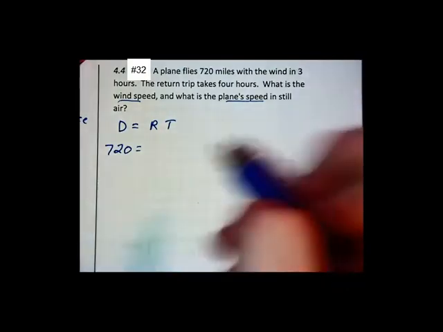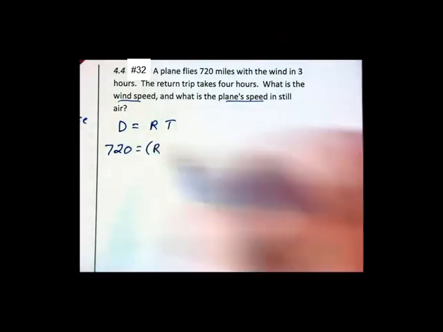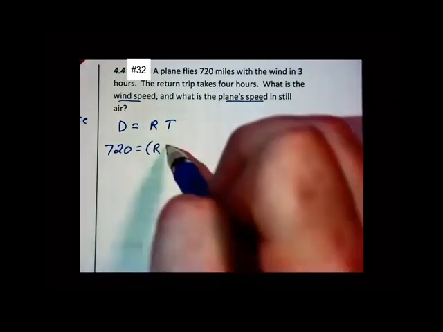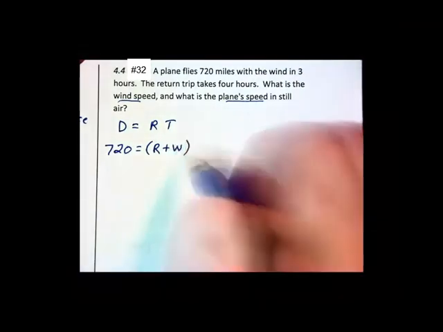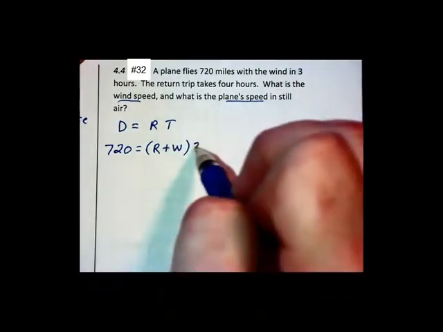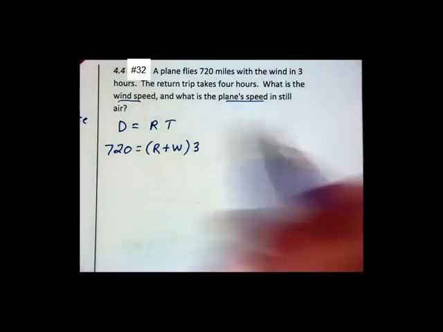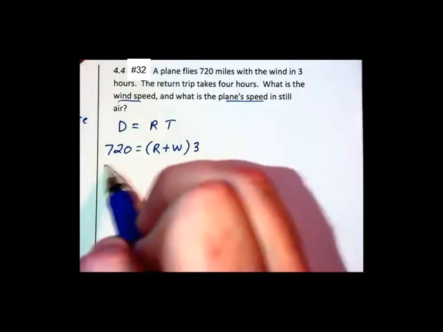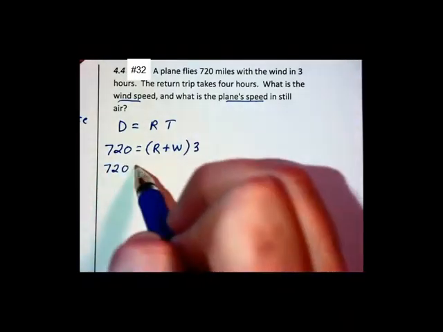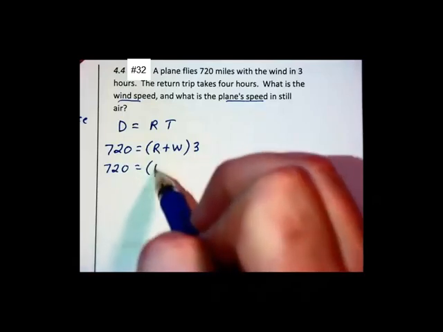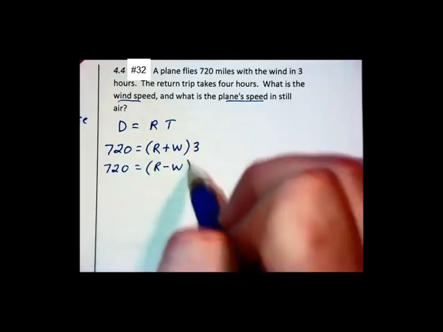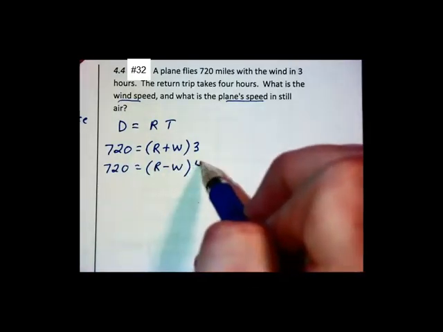It's going with the wind, so we're going to have r, the speed of the plane, plus the wind giving us a boost in 3 hours. There's our time. The return trip, that means it's the same distance, 720. This one is against the wind, r minus w, takes 4 hours.